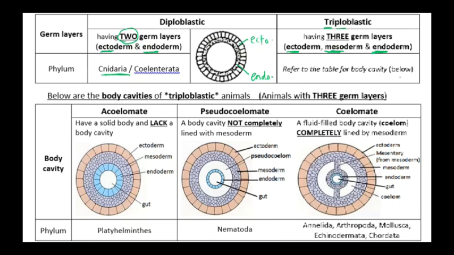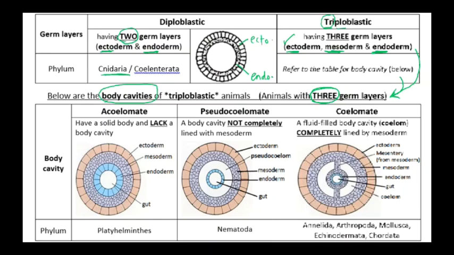And let's look at this here. Only for animals with 3 germ layers, we will talk about body cavities. What is a body cavity? A body cavity is a space in the body that houses the organs. Ialah satu ruang untuk letak semua organ. If and only if these animals are triploblastic, have 3 germ layers, then only we will relate it to body cavities.